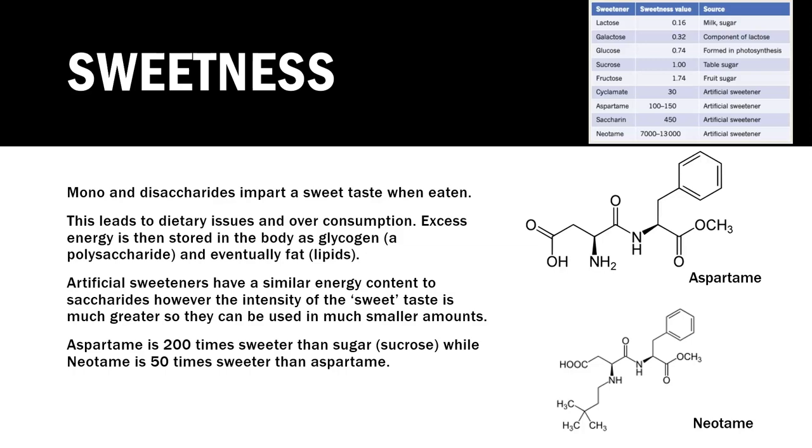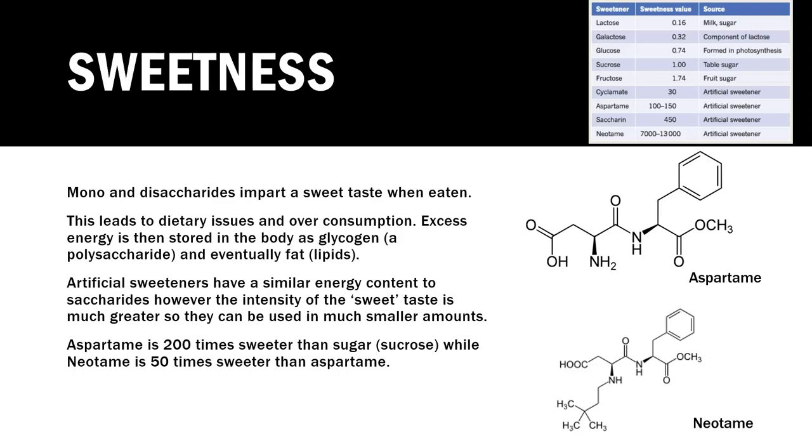But one of the reasons that we like to eat them is because they taste sweet. Monosaccharides and disaccharides impart a sweet taste. Polysaccharides actually don't. So this leads to dietary issues in overconsumption, particularly in our modern society. Excess energy is then stored in the body as glycogen, which is a polysaccharide, and eventually this is converted through to fat for long-term storage.